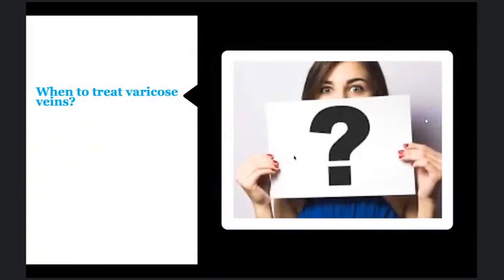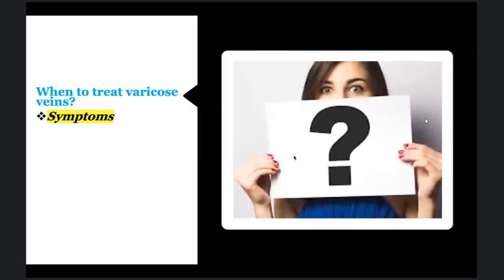So, indication of treatment. First, of course, when the patient has symptoms, pain, cramping, itching, skin changes, he will seek treatment.